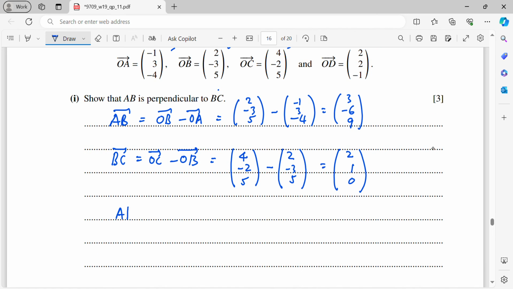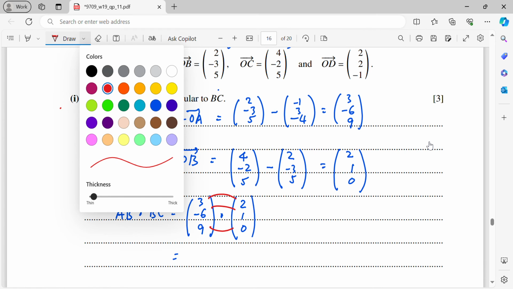Okay, so now I use the dot product. AB dot BC, or scalar product. This is (3, -6, 9) dot (2, 1, 0). For the dot product, the calculation is simple. You just times the same components and then add the multiplications.